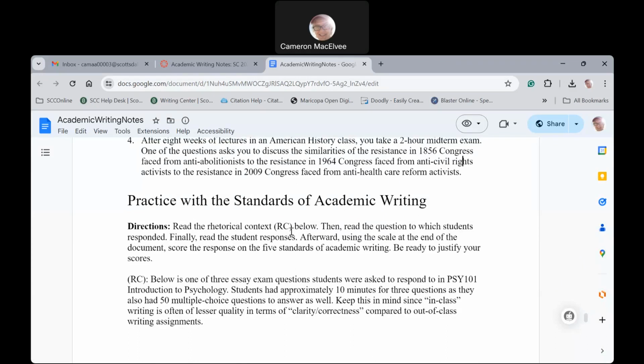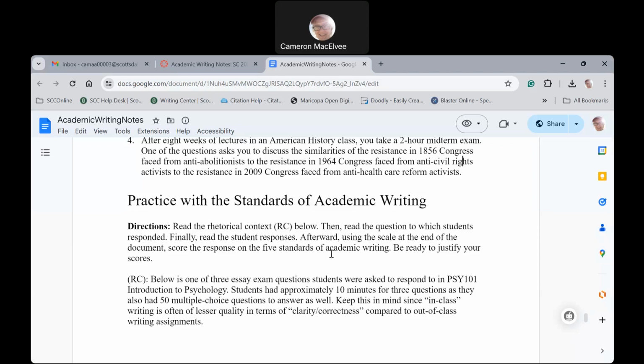So what we have here is rhetorical context, a specific scenario. And then we have the question, and this came from a Psych 101 professor about 20 years ago on Scottsdale's campus. I asked him to give me some written essay exam questions, and this is the one I chose to use.